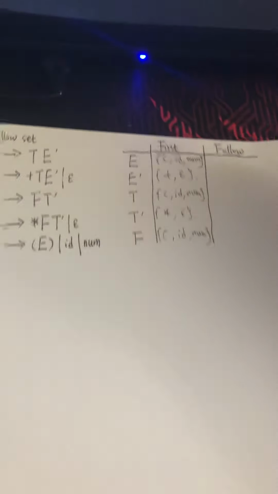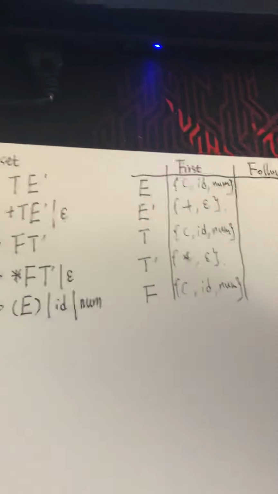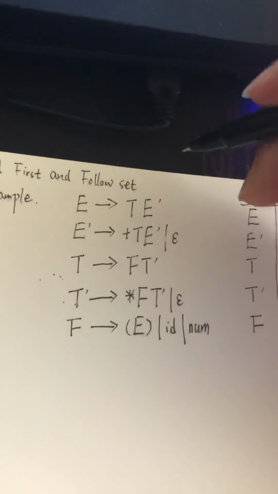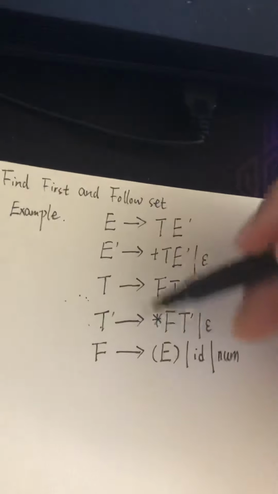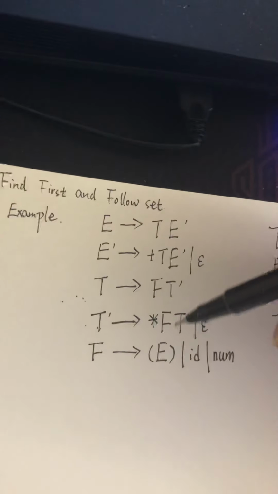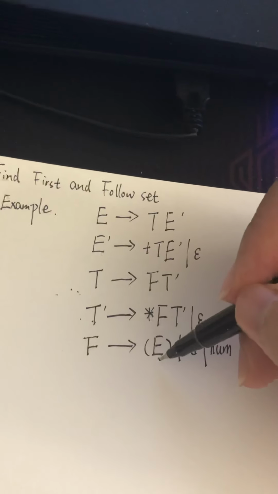So now let's get the follow sets of them. What is the follow of E? To find the follow of E, we need to look at the right-hand sides to see if there is any E there. So we found an E here.